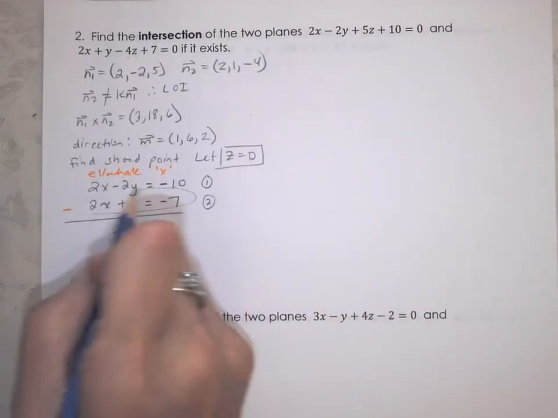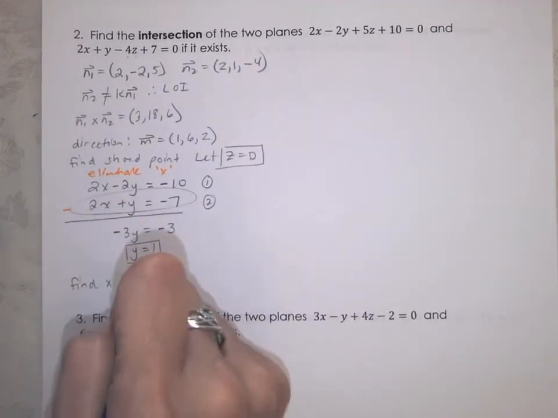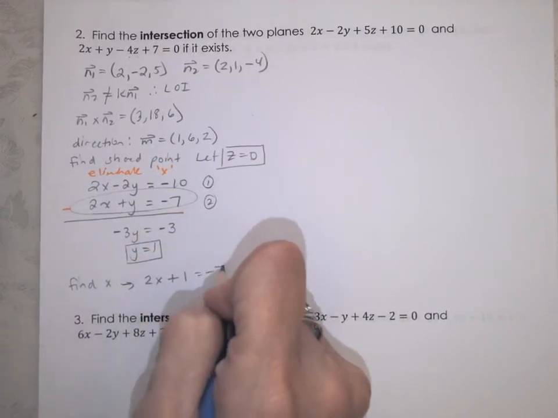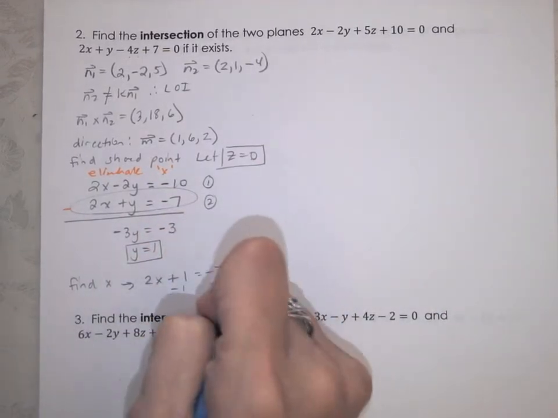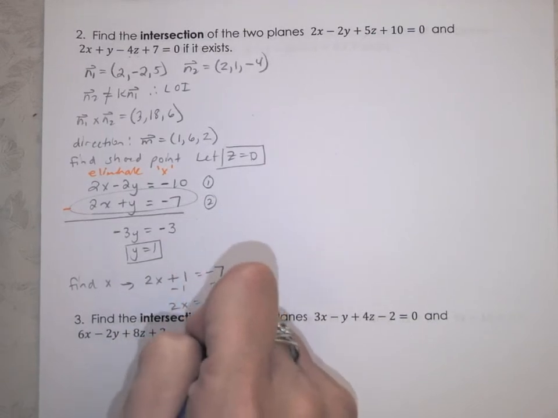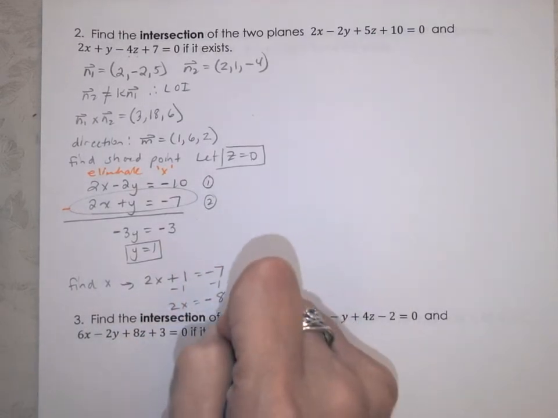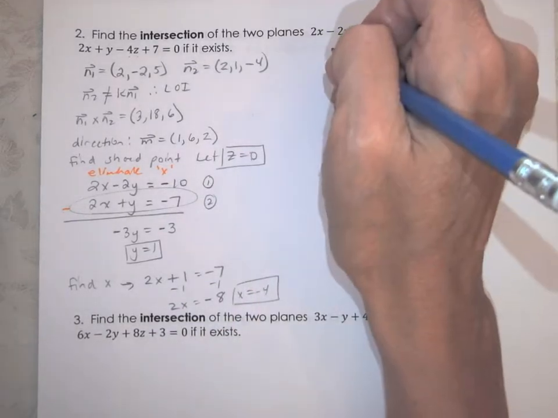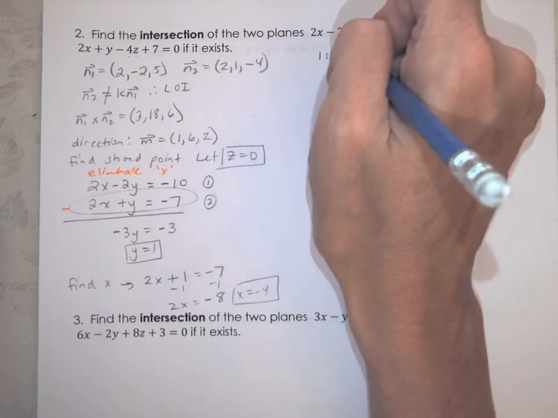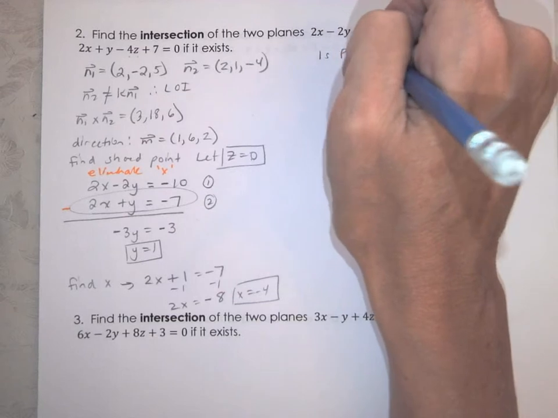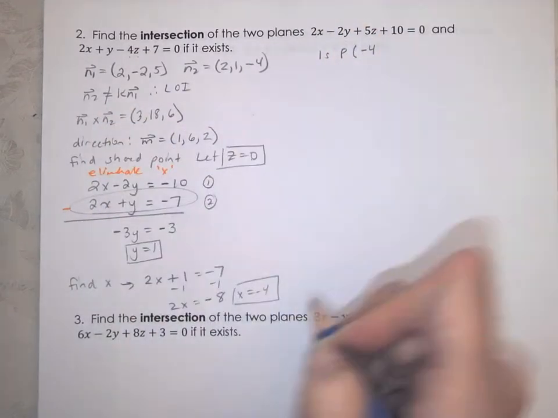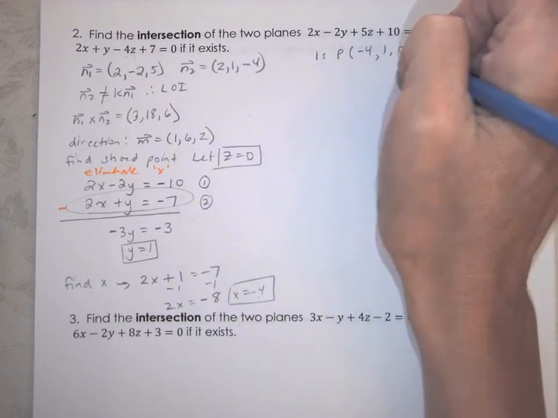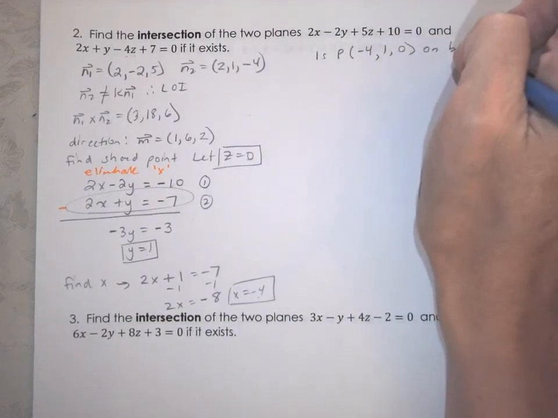So I'm going to use this equation again. 2x plus y, which is 1, equals -7. 2x equals -8, so we get x equal to -4. So is the shared point, we think, -4 for x, 1 for y, 0 for z on both planes.